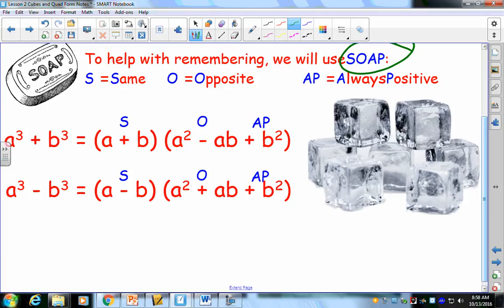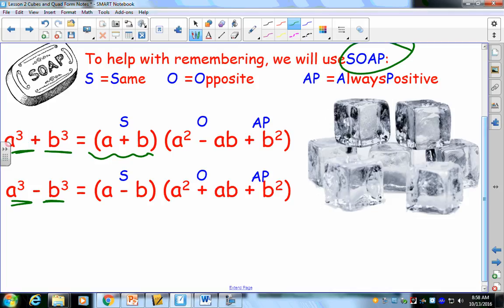What I first do is I take the cube root of each of these terms. The cube root of a to the 3rd is a. The cube root of b to the 3rd is b. And I put them right here in a binomial. We'll come back to our signs in a minute. My second polynomial is a trinomial every time, so it's going to be 2 terms times 3 terms.